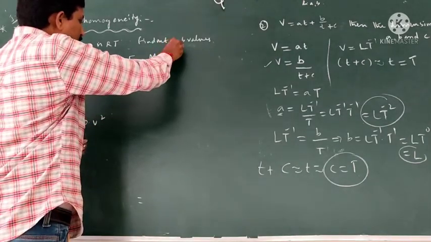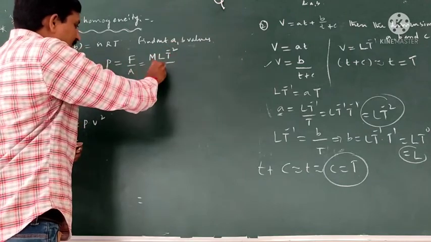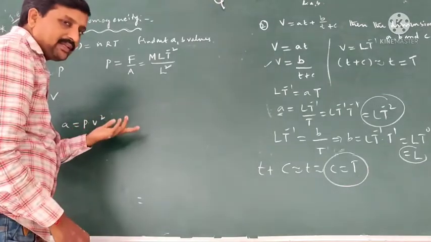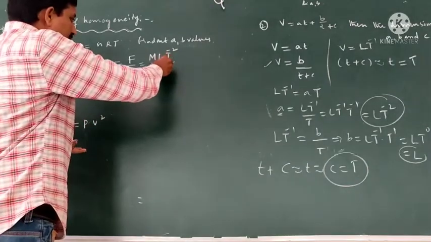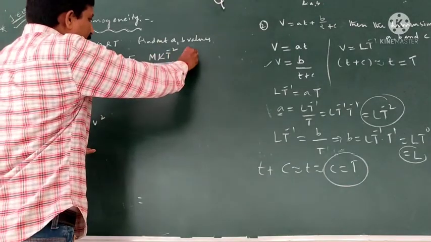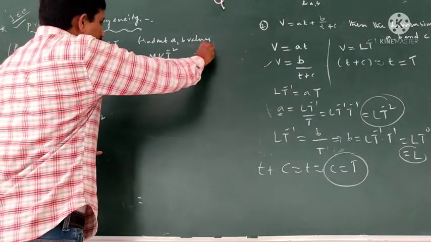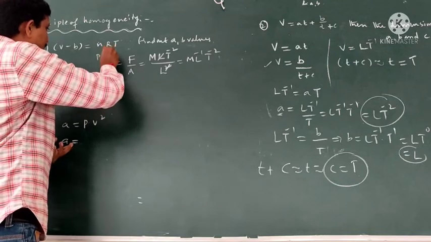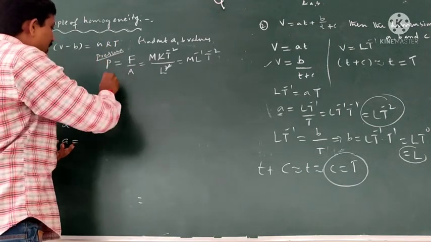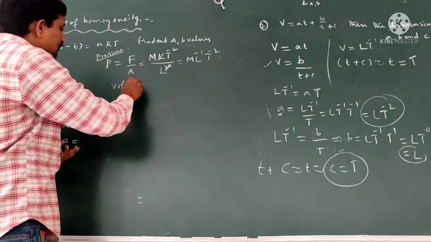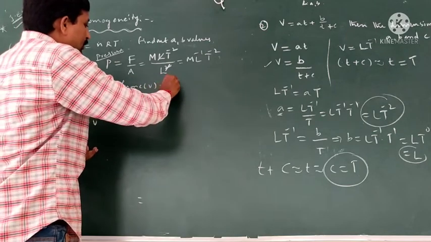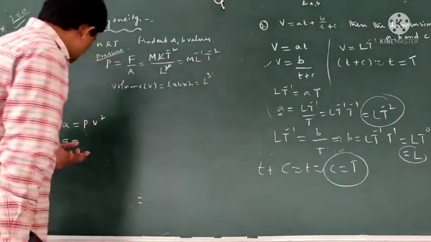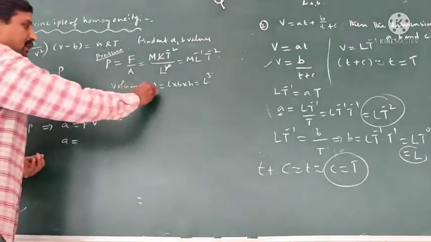M L T^-2 by area, length into breadth, so L squared. M L^-1 T^-2 is the dimension formula of pressure. And the dimension formula of volume V is length into breadth into height, that should be equal to L cube. Dimension formula of V is L cube.